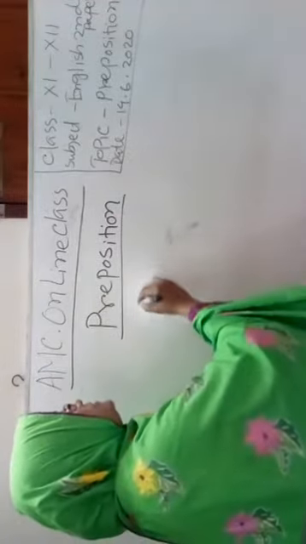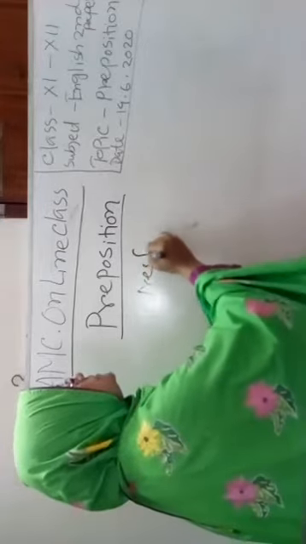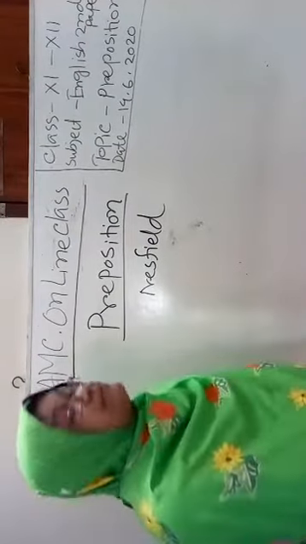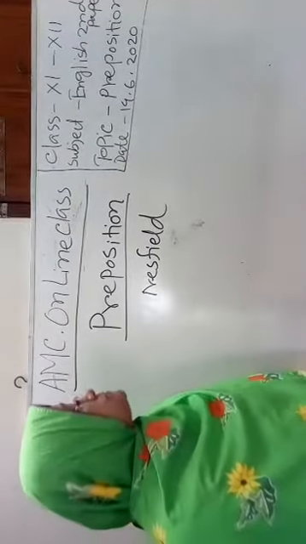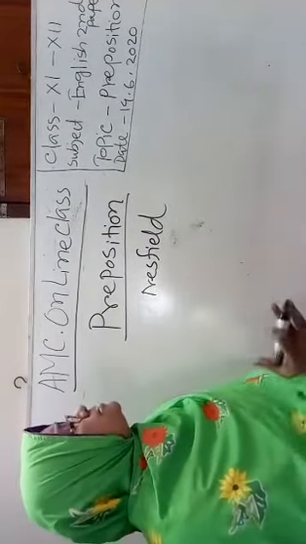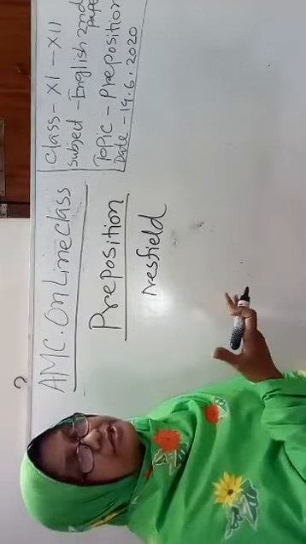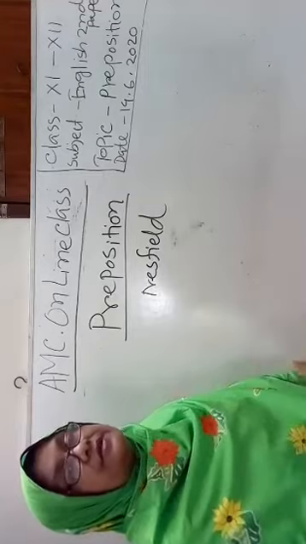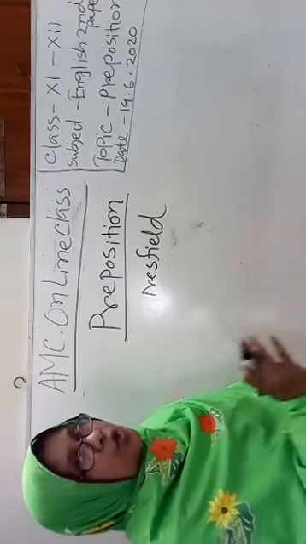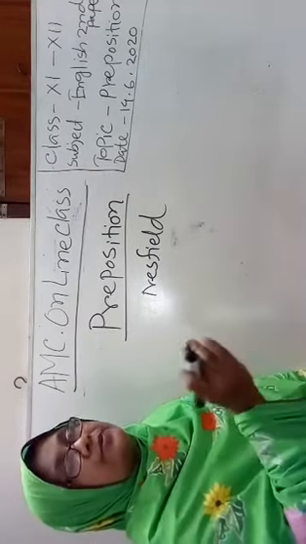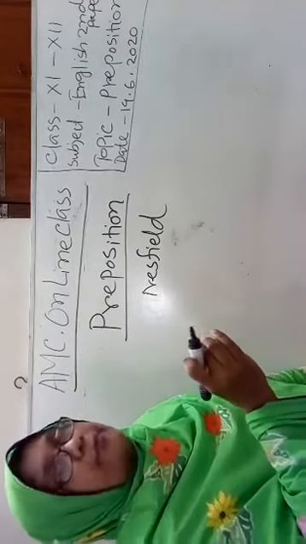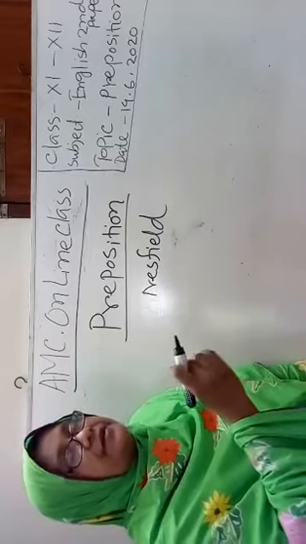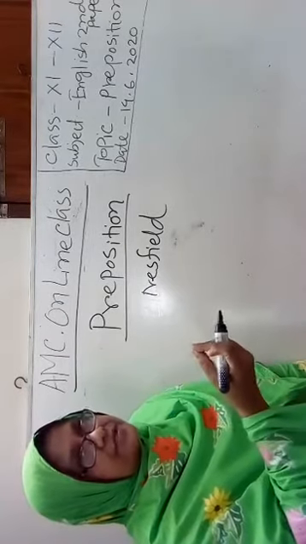The famous grammarian Nesfield gave the most important definition of preposition. Nesfield said preposition is the part of speech which is placed before a noun, a pronoun or a noun equivalent, and also maintains a relationship with the rest of the sentence.